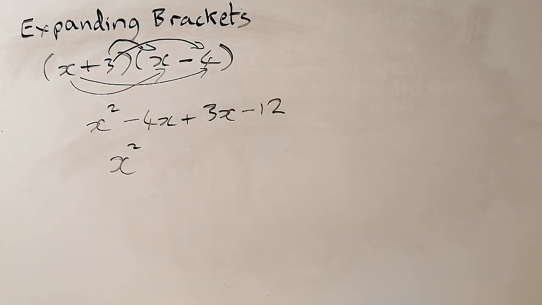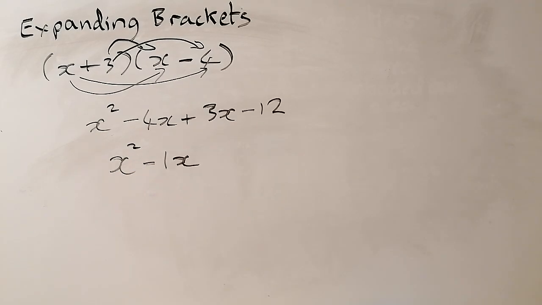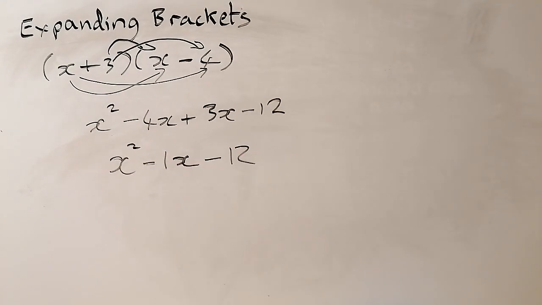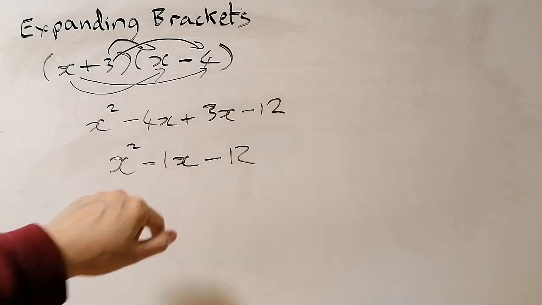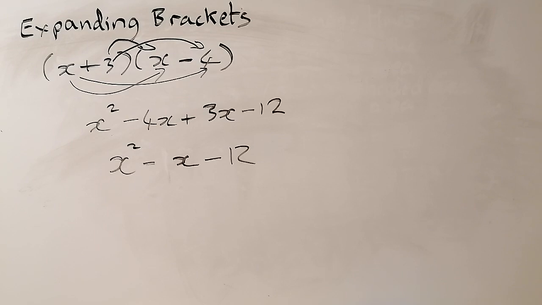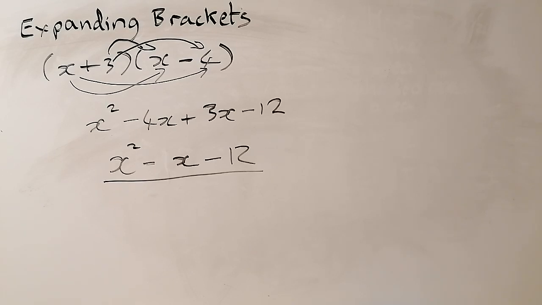And that's really another way of saying 3x minus 4x. So whichever way you want to look at that, it actually is minus 1x. And then we've just got one number at the end, which is minus 12. Now normally, if we've just got minus 1x, we don't need to have the 1 there, we can just say minus x. And that's that bracket expanded. Okay, x squared minus x minus 12.